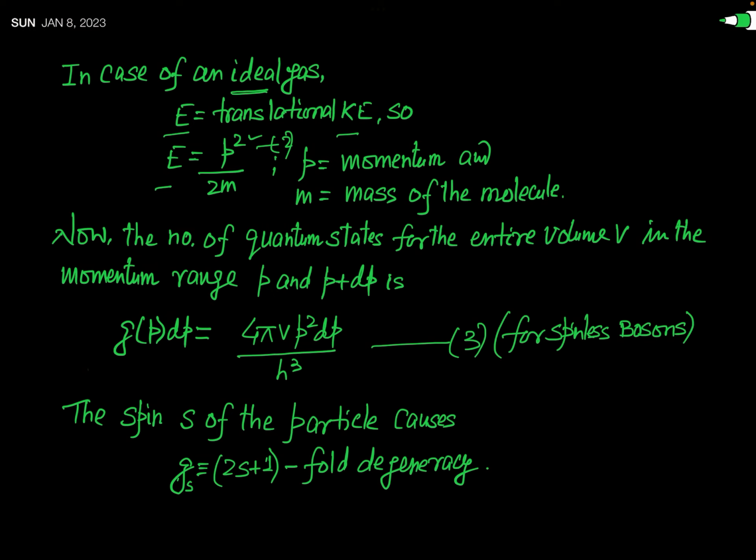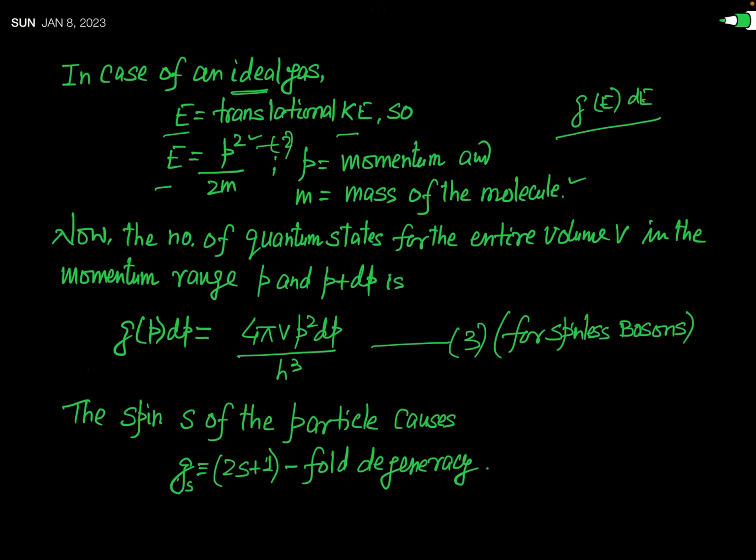So we have to find the number of quantum states in the energy range between E and E plus dE, denoted by this symbol G of E dE, which is also called density of states.